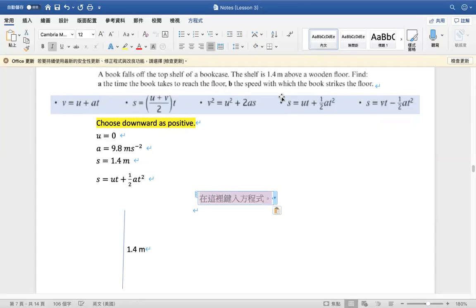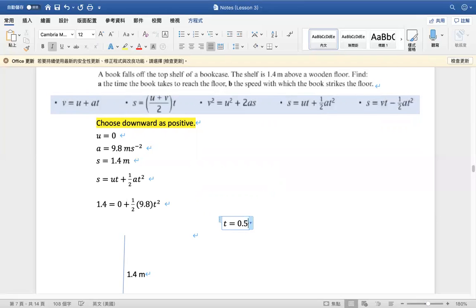So s is 1.4, u is 0, and then a half times 9.8 t squared. So we can solve for t. t is 1.4 times 2 over 9.8, and then we take the square root, so 0.536 seconds. Okay, so that's part A.